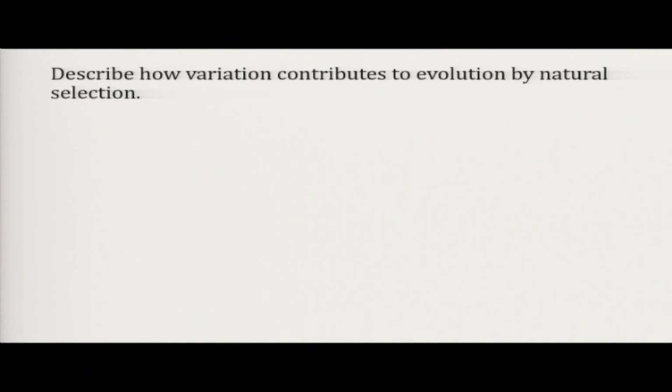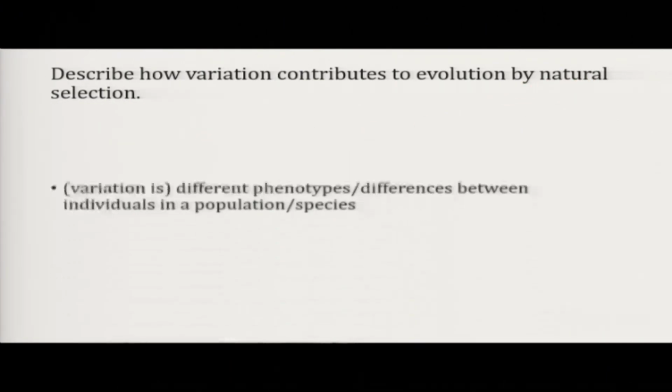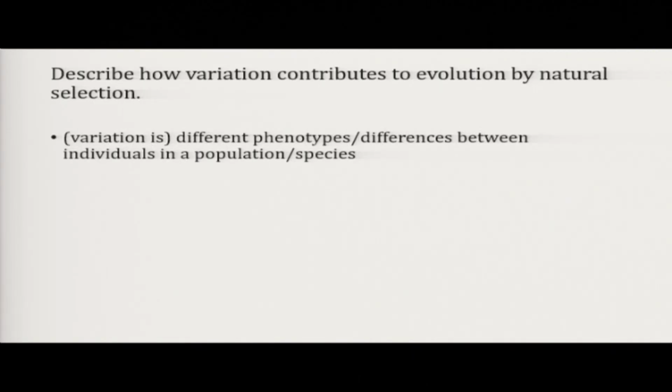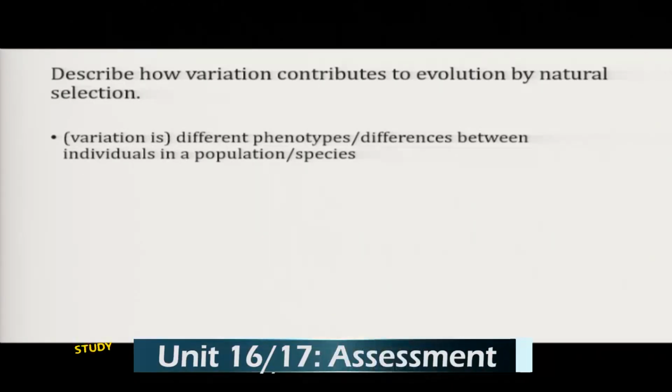I go over again. We want a brief description of how the differences can help the process of evolution through natural selection. One, we need to first understand what variation is, differences, right?